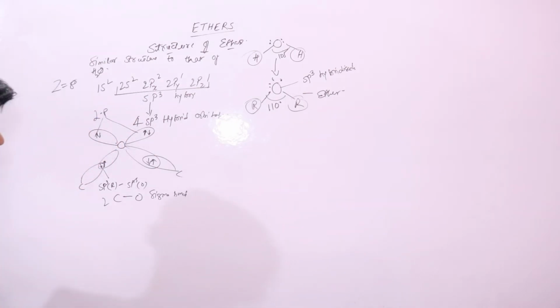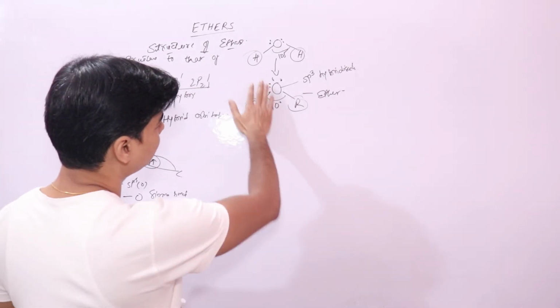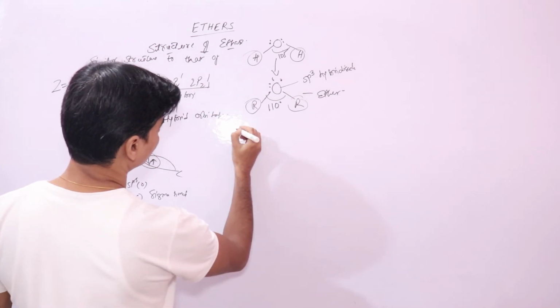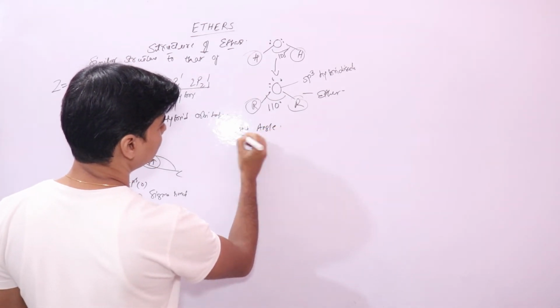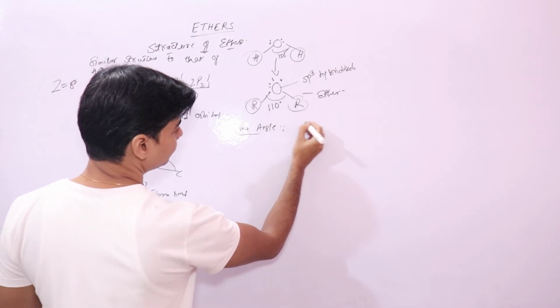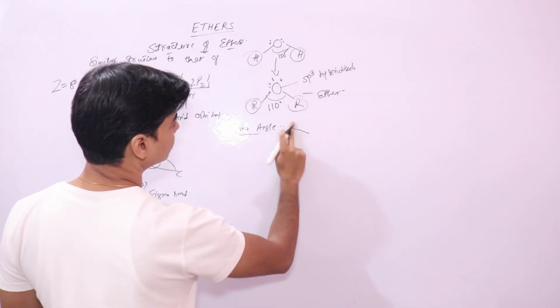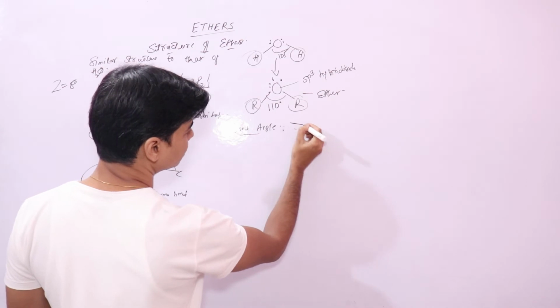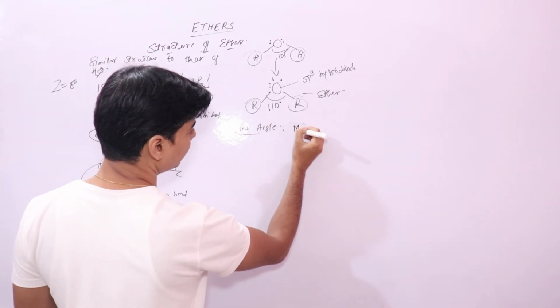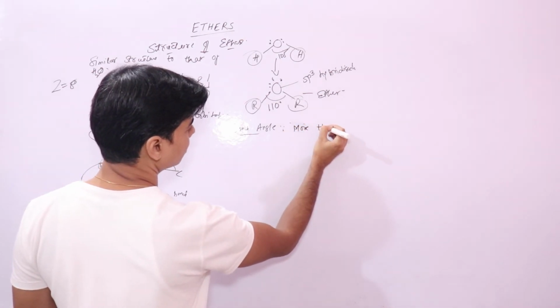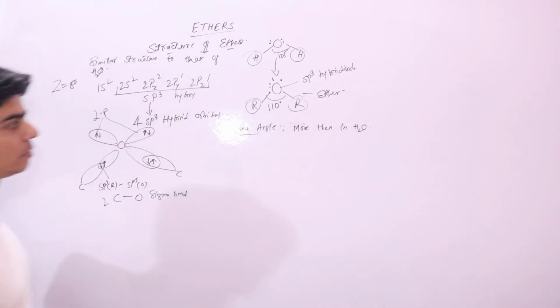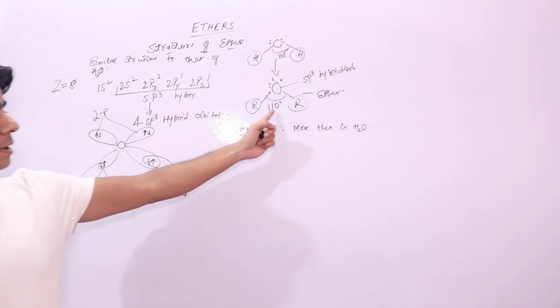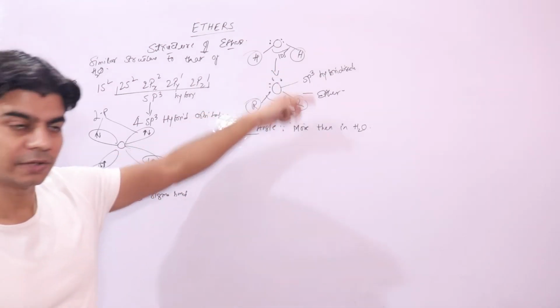We are done with hybridization. Let's look at the bond angle. The bond angle in ether is more than in water. You can see here it is 110, in water it is 105.